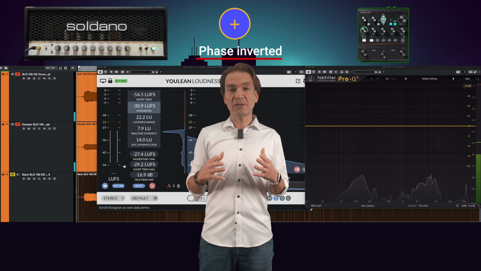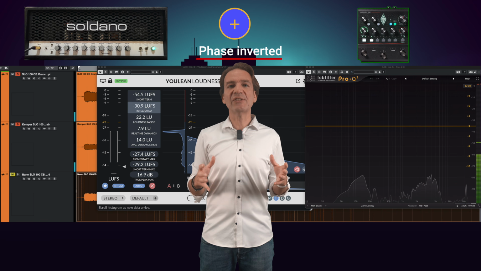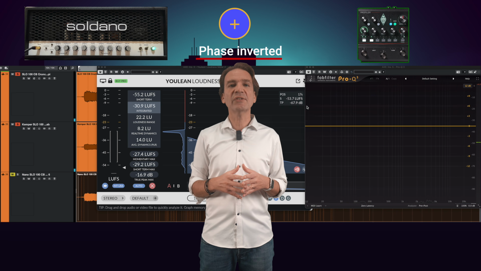I measure the resulting volume in integrated LUFS, which value is minus 30.9. Let's do the same with the real Soldano and the Nano Cortex phase inverted.